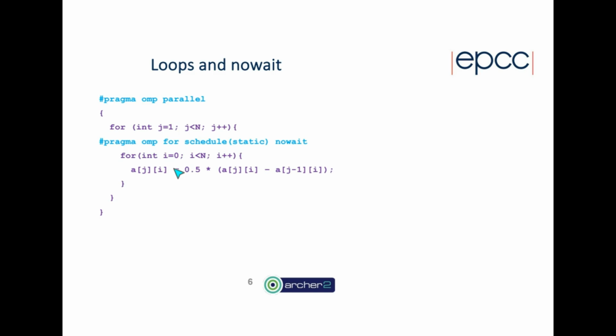So there's this slight trick or interesting pattern that you can use, which would be to put the parallel region round the outer loop and use a for directive with a nowait clause on the inner one. Because of this property, because we've got a static schedule, we're guaranteed that every instance of the I loop is going to have its iterations mapped to threads in exactly the same way.